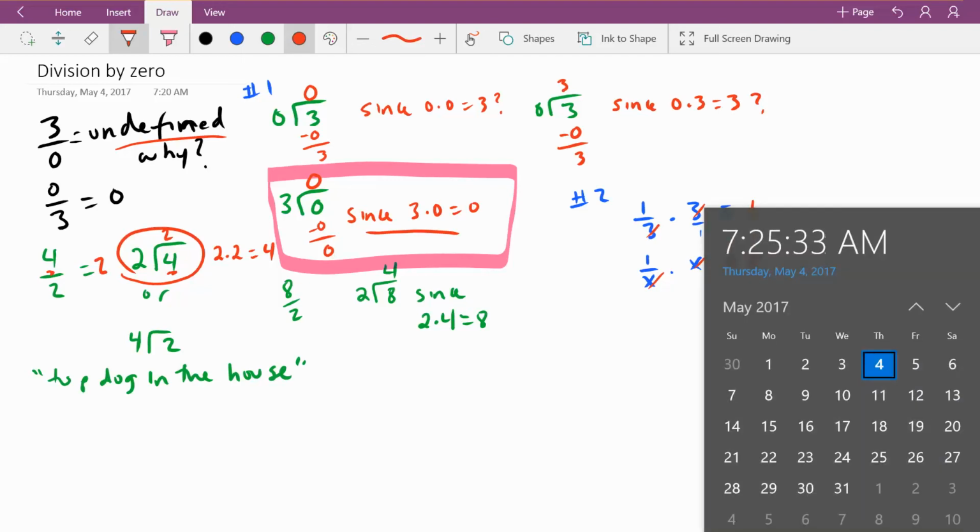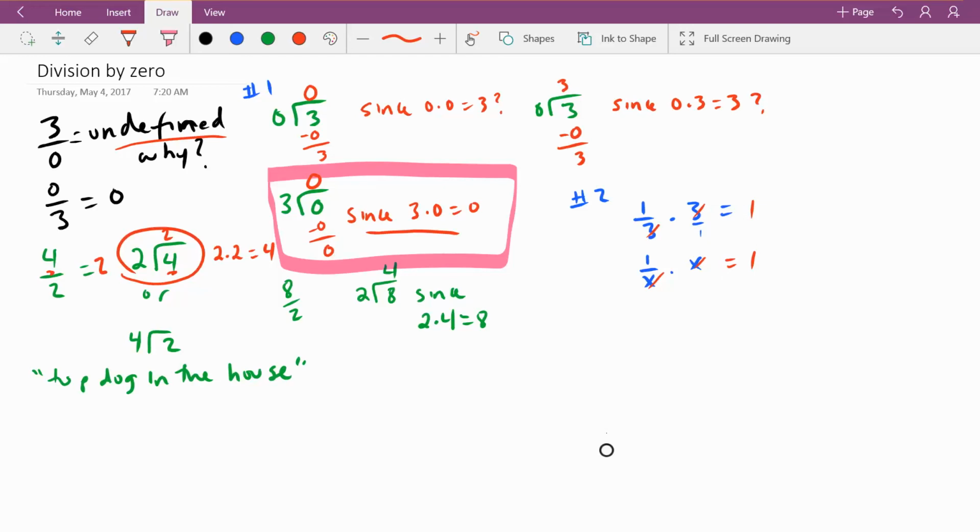And it doesn't matter what this numerator is. This could have been whatever. If this were 7, then I'd have 7/3 times 3. The 3's still cancel, and I get 7. That was really irrelevant.